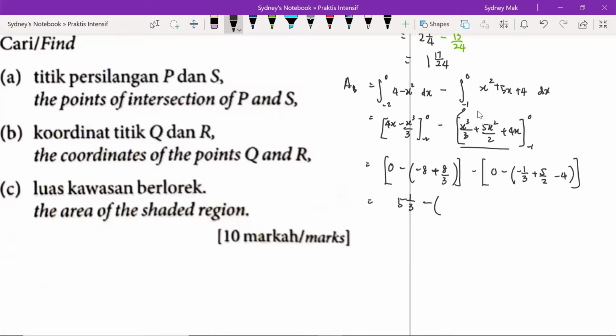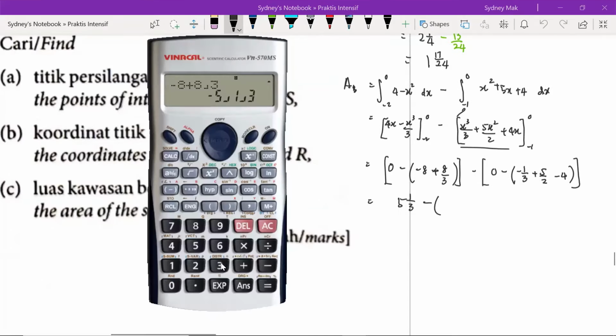Then minus this part. So we have -1 over 3 plus 5 over 2, and then minus 4. And 0 minus this, we got positive. So positive 1 and 5 over 6.